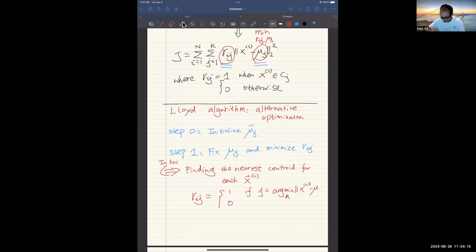So this is basically making the predictions right here. 0 otherwise.